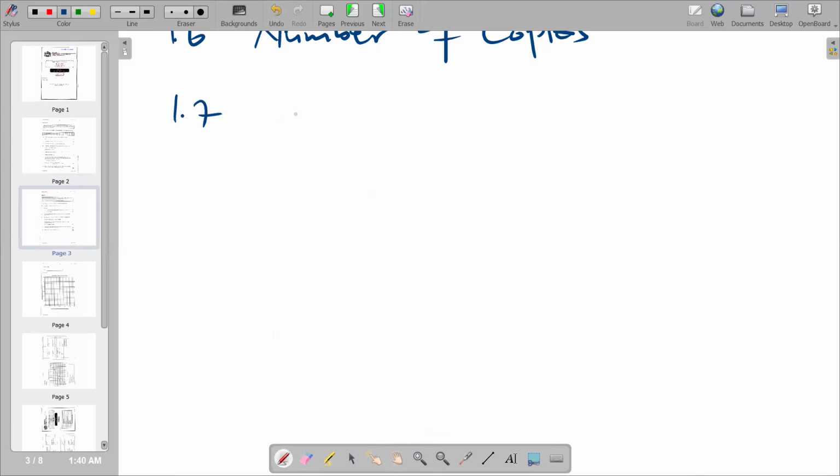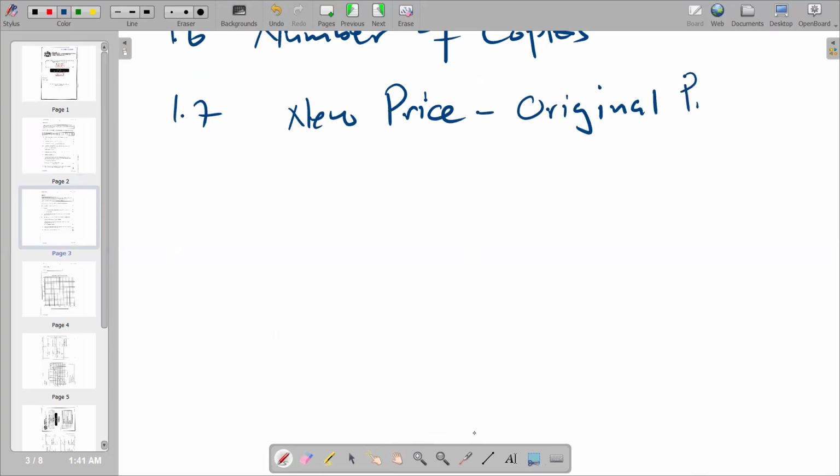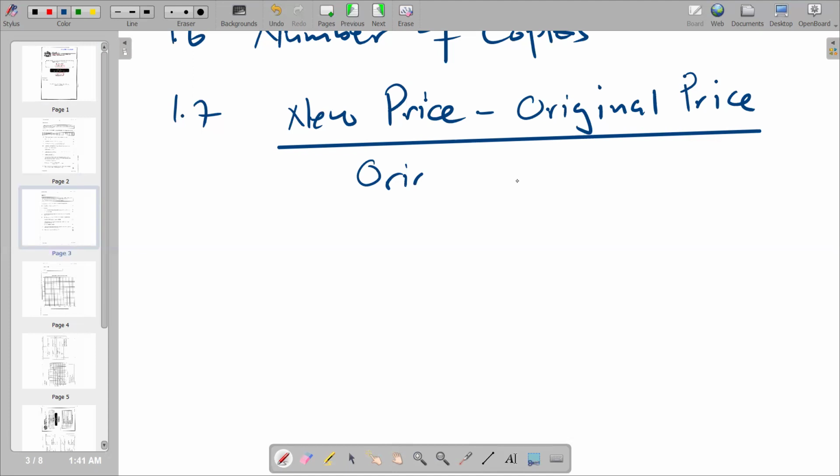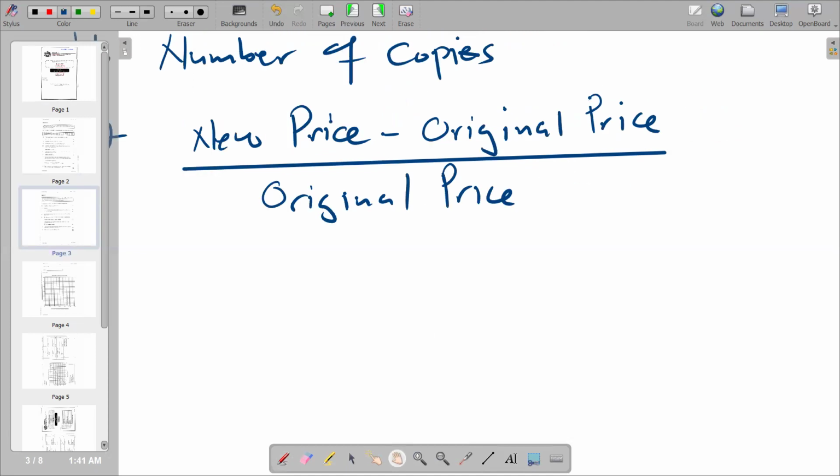is new price minus original price, then it's over original price. And obviously, we are multiplying by 100 over 1.